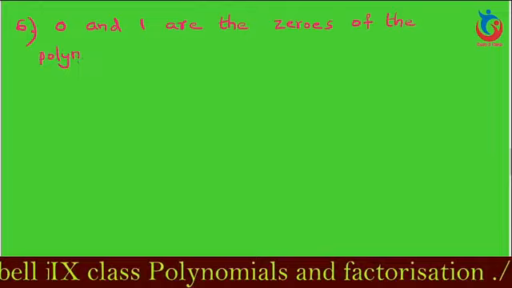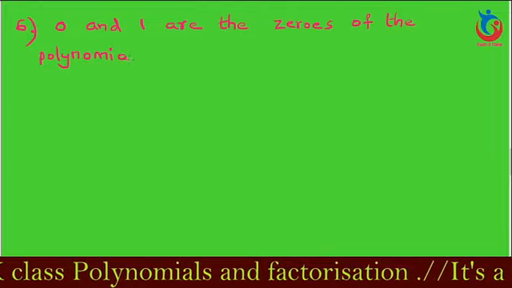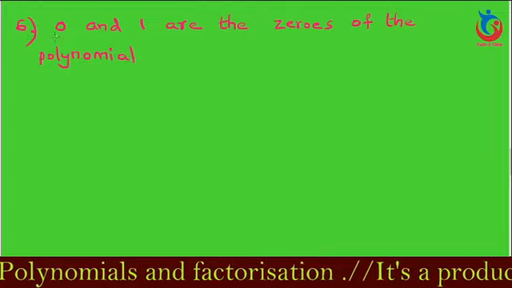The sixth question is, if 0 and 1 are the zeros of the polynomial, here we have two zeros.